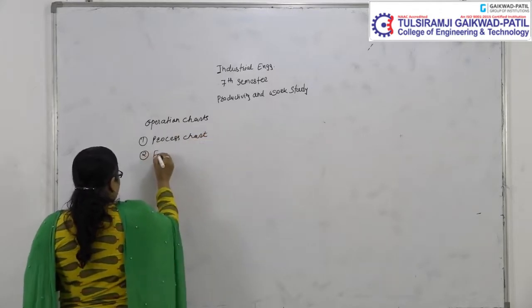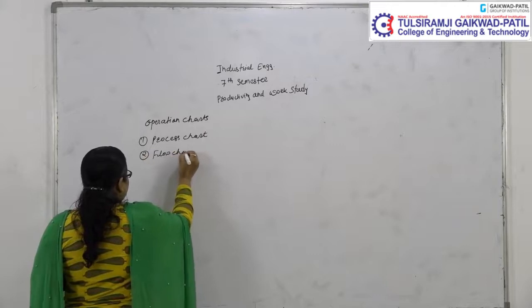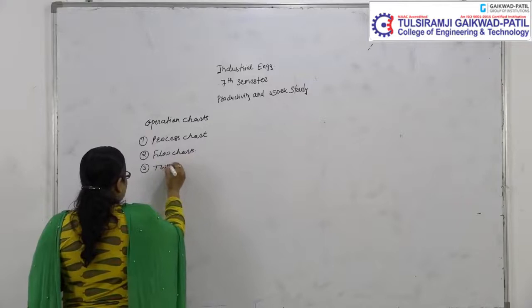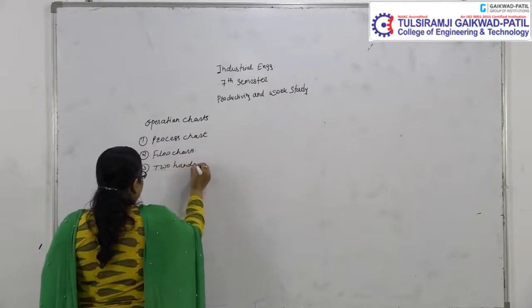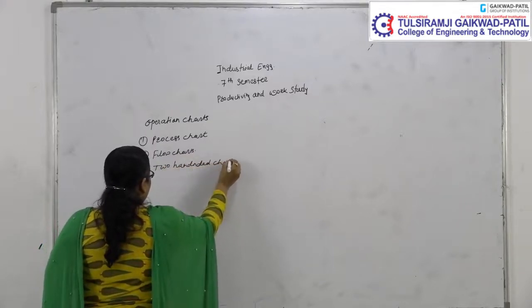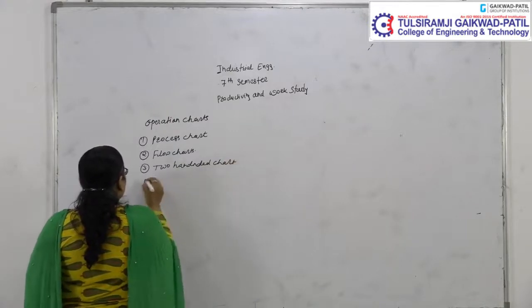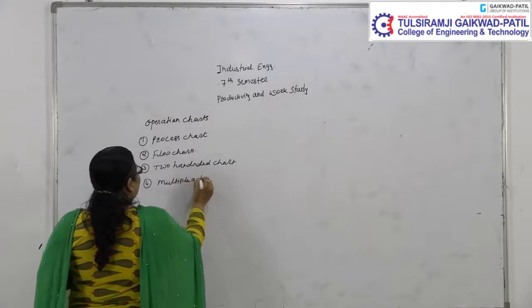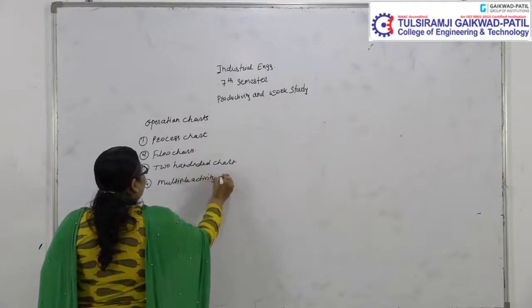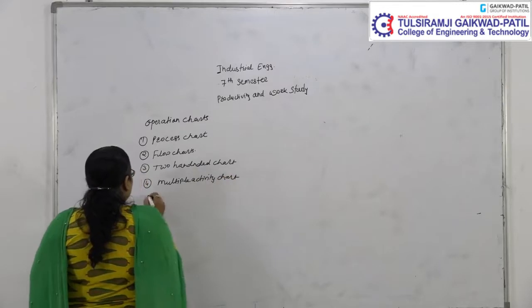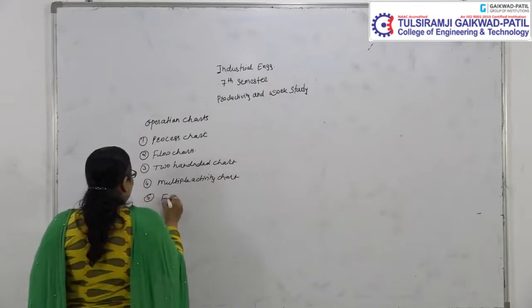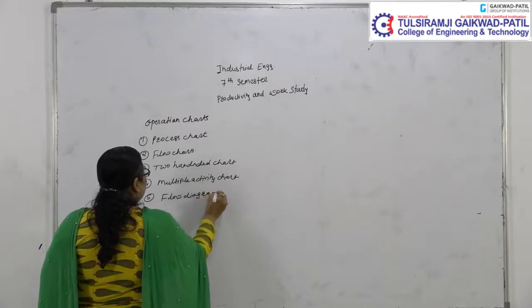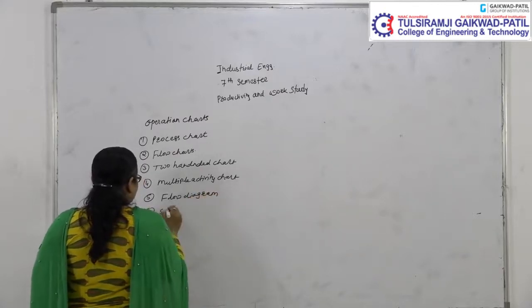second is flow charts, third is two-handed charts, fourth is multiple activity chart, fifth is flow diagram, and the last is string diagram.